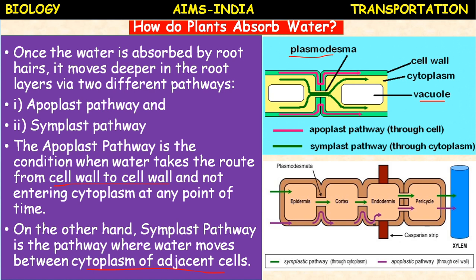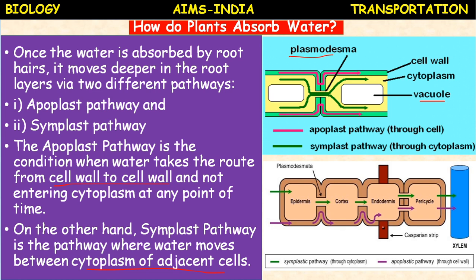Next, this apoplast provides the least resistance to the movement of water. It is interrupted by the presence of impermeable lignosuberin Casparian strips. So these are interrupting. See, that's why the path is changed. So Casparian strips in the walls of endodermal cells, there are some Casparian strips which interrupt the path.